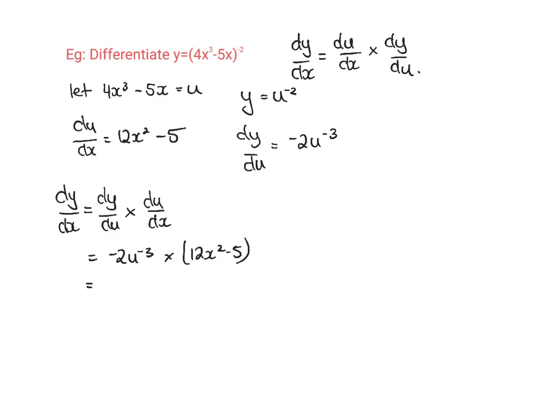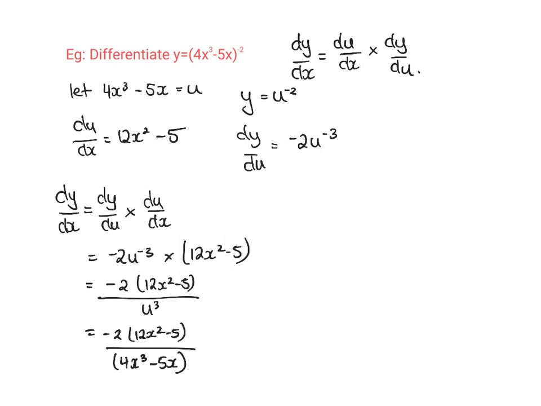So we might put the negative 2 times (12x squared minus 5), and put the u on the bottom and make it positive. Then I'll sub the u back in, which was 4x cubed minus 5x, to the power of 3. So there you go, you can find the derivative even if it's a big function like that.